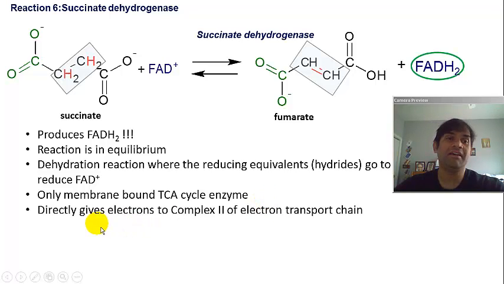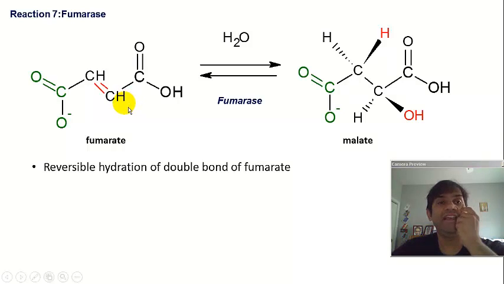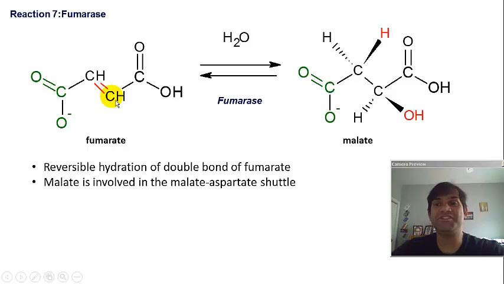We are at the second to last reaction in the TCA cycle, and the enzyme that catalyzes this reaction is fumarase, which takes fumarate and hydrates it. So this is a reversible hydration or dehydration. You can see what's happening to the atoms here: this CH is going to get hydroxylated, and as a result, one of the protons goes to this carbon here, and that produces malate.